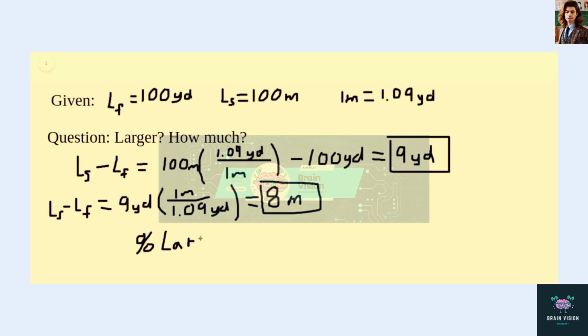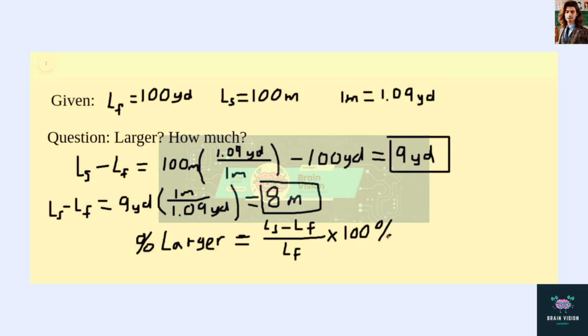We need to take the amount the soccer field is larger, so LS minus LF, divided by the size that we're comparing it to, which is LF. And then we multiply that by 100% to convert that ratio into a percentage.